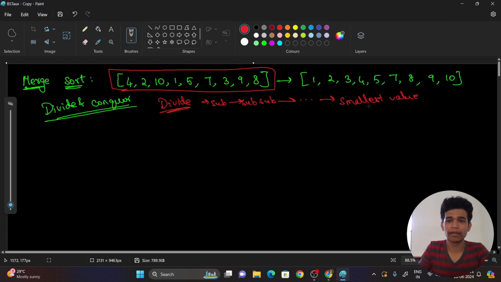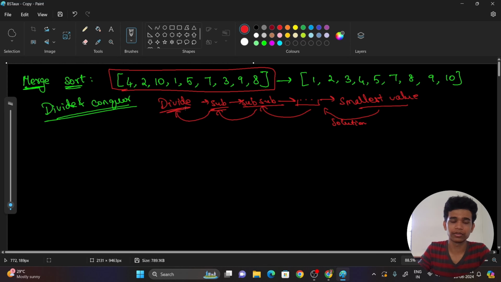Then I will find the solution for this and send it back. By finding all the solutions, I can find the solution for the sub-subproblem, and the sub-subproblem solution helps me find the subproblem solution. And this solution is used to solve the biggest problem. Can you understand this? This is the technique called divide and conquer.